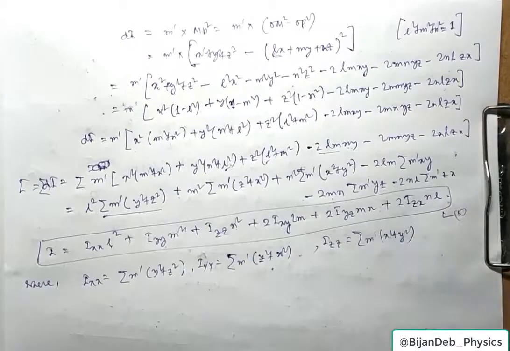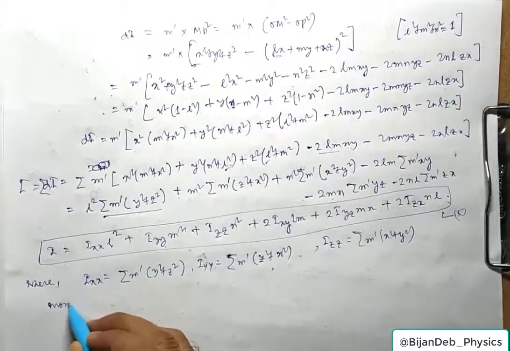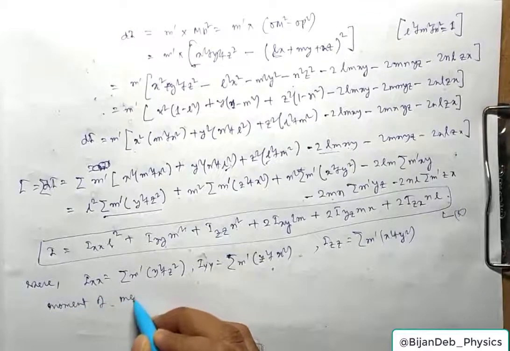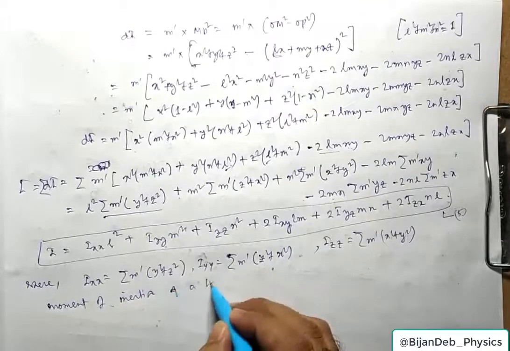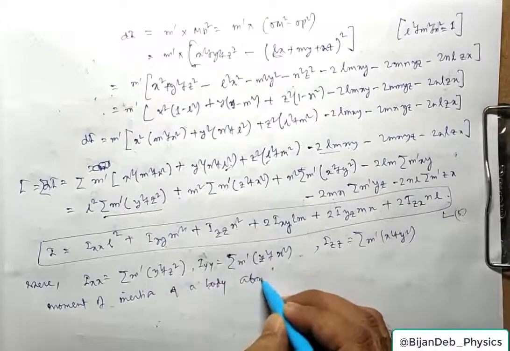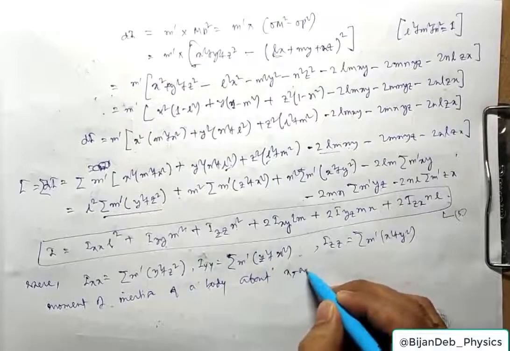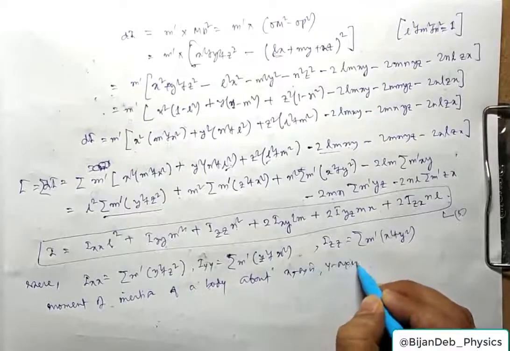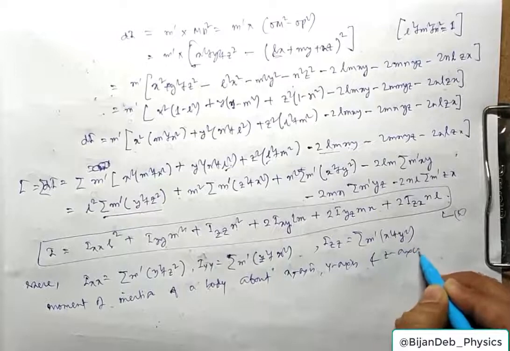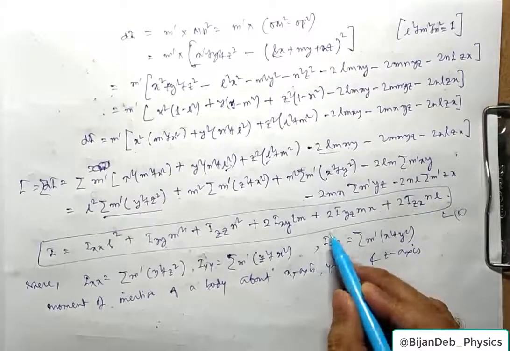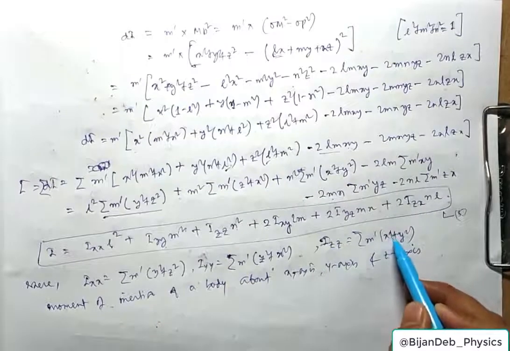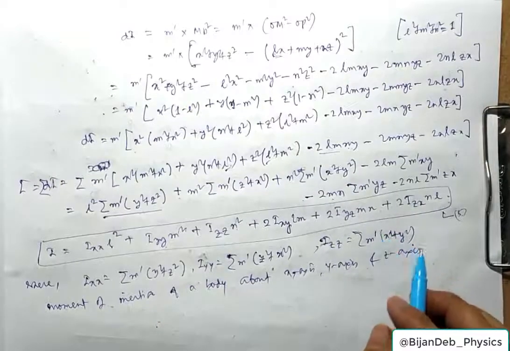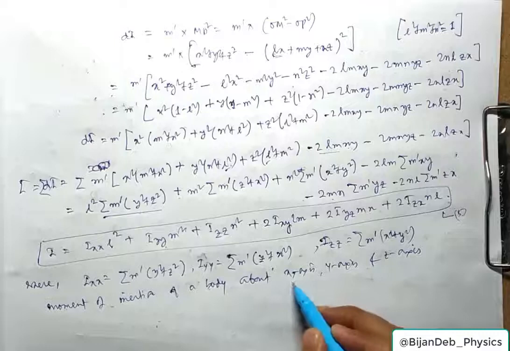So these three are called moment of inertia of a body about x axis, y axis and z axis. So Izz means the rotation, if OQ matches with the z axis, then it will be x square plus y square. Okay, moment of inertia about x axis, y axis and z axis.